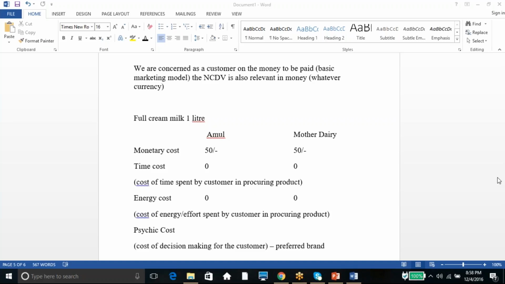What is the price of Mother Dairy per liter at which you will definitely shift from Amul to Mother Dairy?